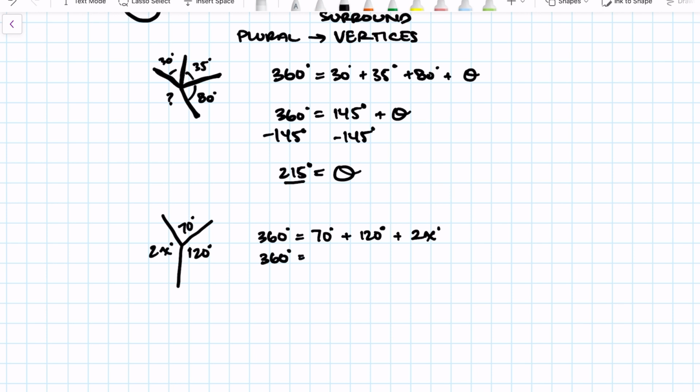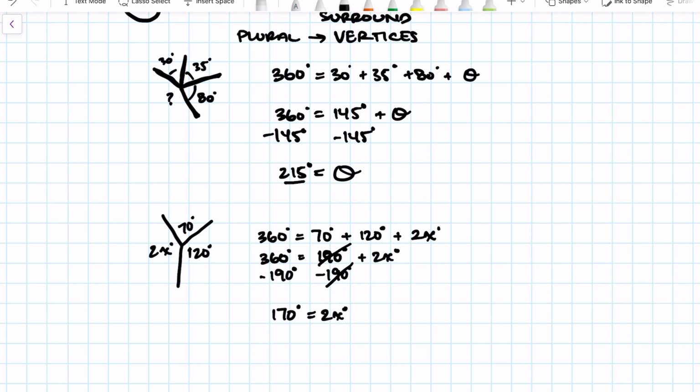So it's going to be 190 degrees plus 2x degrees. Then we subtract 190 degrees from both sides, and that way it crosses off the one on the right side. On the left side, I should be left with 170 degrees, and that is equal to 2x degrees.